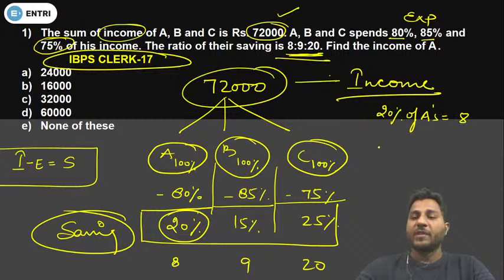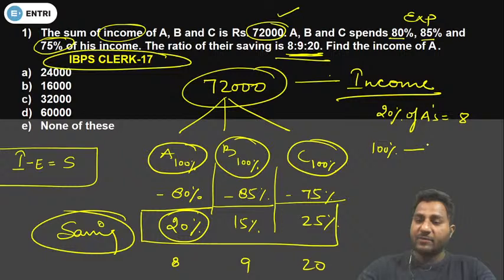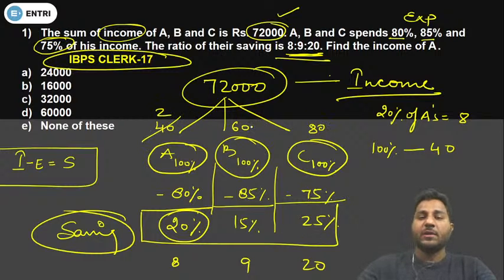Eight ratio. So 100% of A's income will arrive as, yes, absolutely correct, Sharath. Very good. So it will come as 40. Now the ratio of their incomes will arrive as 40, 60 and 80 according to this data. Then the final ratio will become 2, 3 and 4.